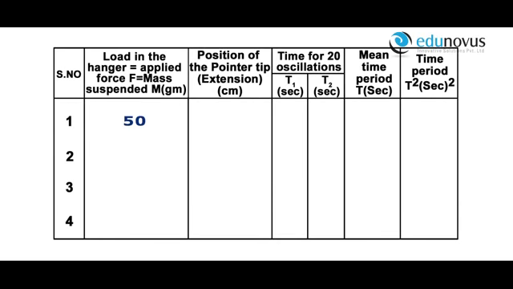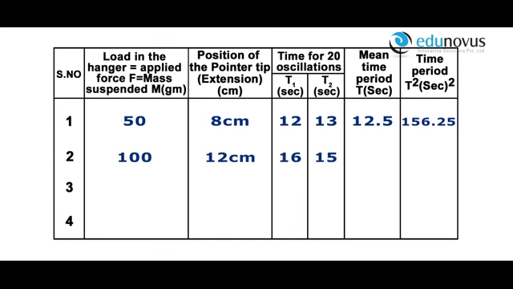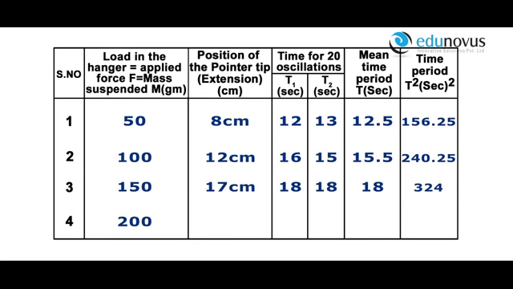For a load of 50 gram, the position of the pointer is 8 centimeters and the time taken for 20 oscillations T1 is 12 seconds and T2 is 13 seconds. Therefore, the mean time period T is 12.5 seconds and the corresponding time period square is 156.25. Similarly, the values for the load of 100, 150 and 200 grams are.